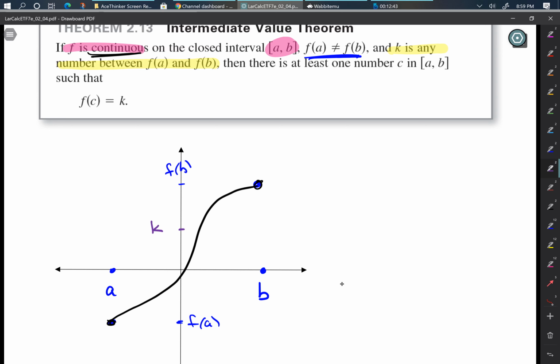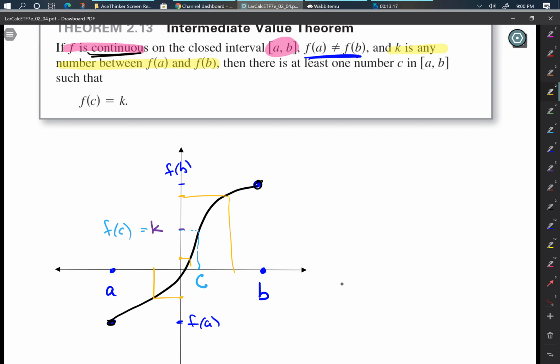The intermediate value theorem says there is at least one number c in the interval such that f of c is equal to k. No matter what k I picked, if I had picked a k further up, then c would just be further over. If I had picked a k further down, then c would be closer. If I had picked a negative k, it'd be over there.